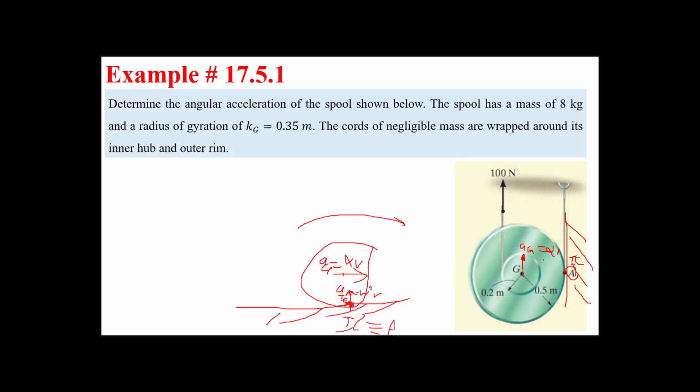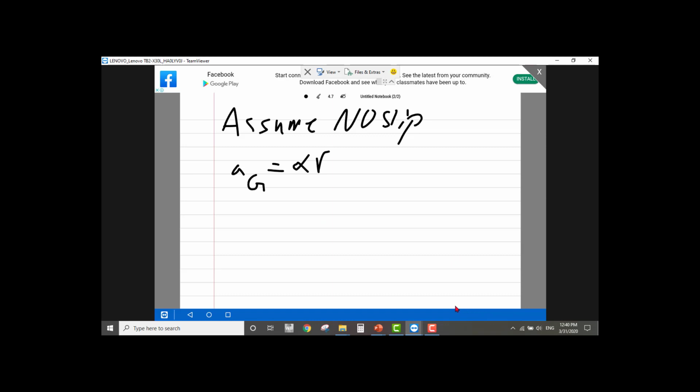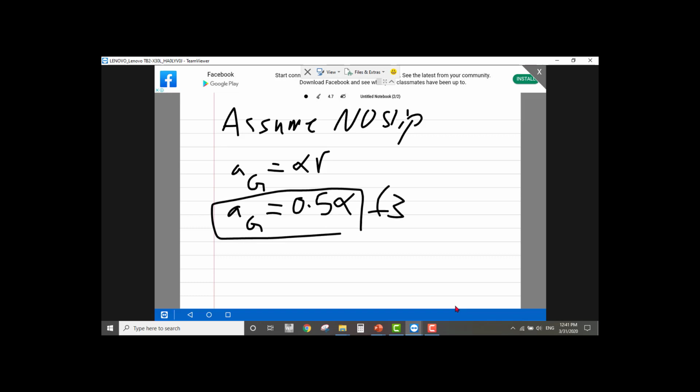Okay, so if we make this assumption, then for this problem, this is the third equation. Because we are talking about the chord, r must be 0.5, the distance between the centroid and the ground, multiplied by L. So this is a_G, and this is equation number 3.